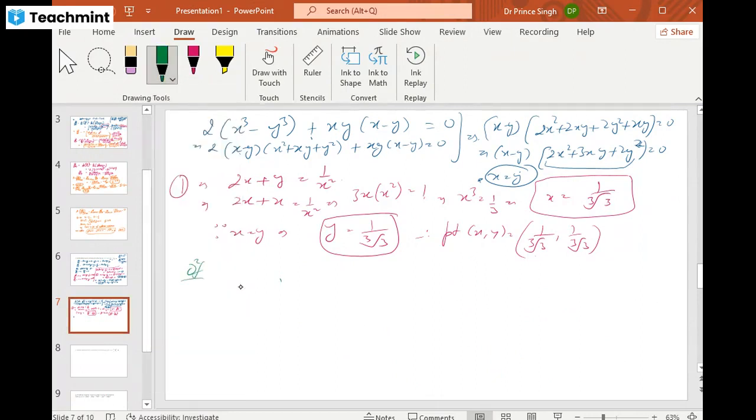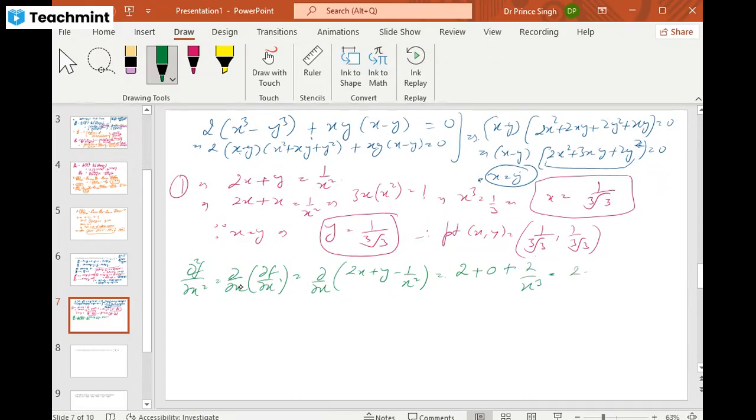∂²f/∂x² means ∂/∂x of ∂f/∂x. This is ∂/∂x of (2x plus y minus 1 upon x²). Derivative of 2x is 2, derivative of y is 0, derivative of 1 upon x² is 2 upon x³.